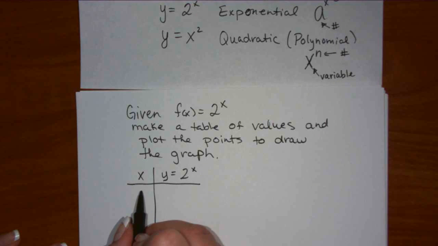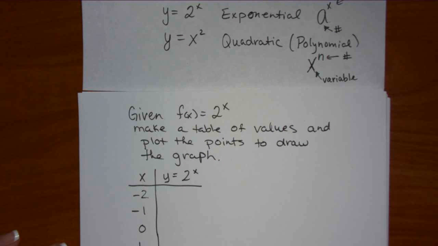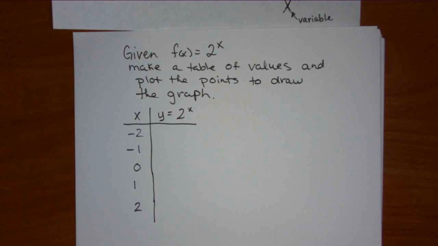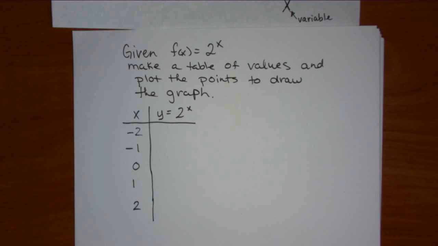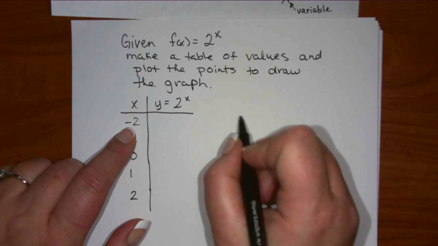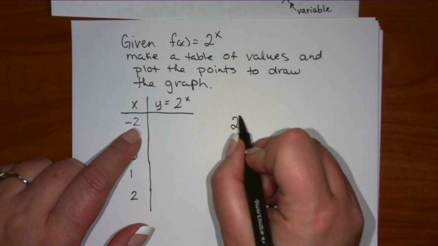So we're going to put in negative numbers like -2, -1, 0, 1, 2, like that. Okay, so just off to the side, 2 to the power, we're putting the x in, so it would be 2 to the -2.